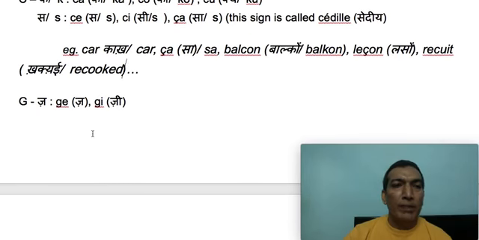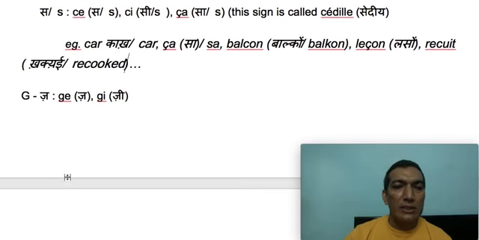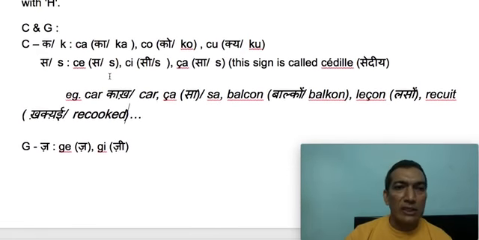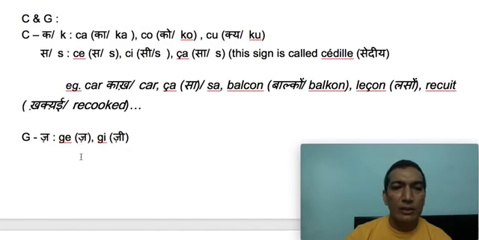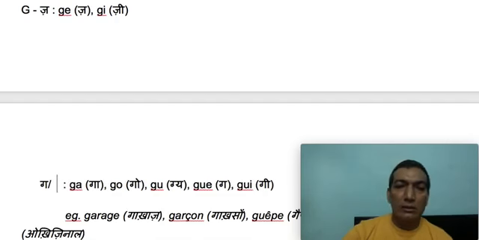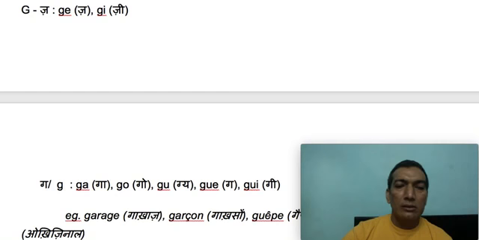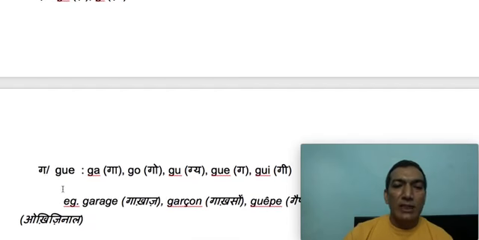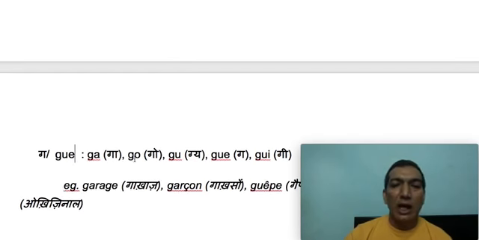Okay, so the second letter is G. Here is the same problem, with the same three vowels, A, O, U, when it remains G. So it is pronounced as ga, G-A, ga, G-O, go, G-U, gu.